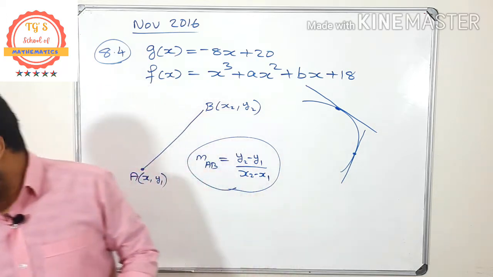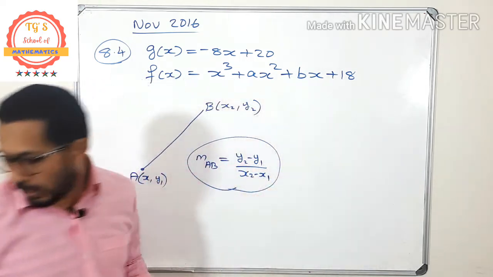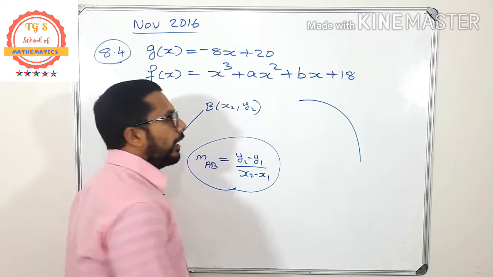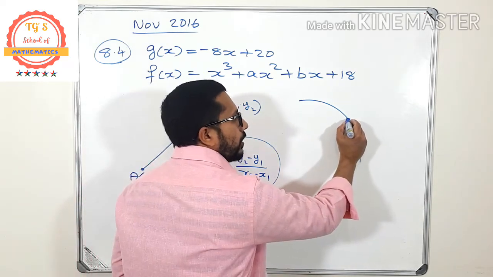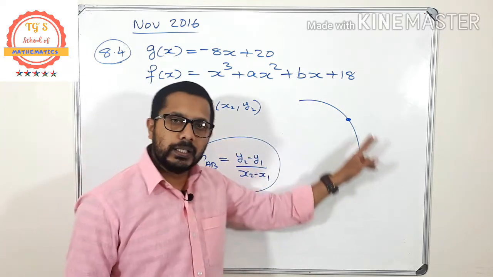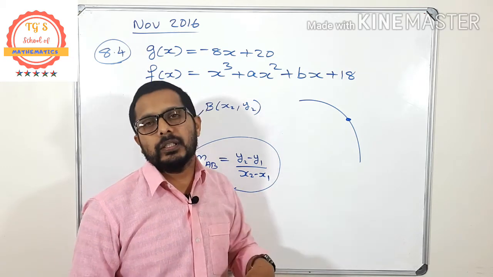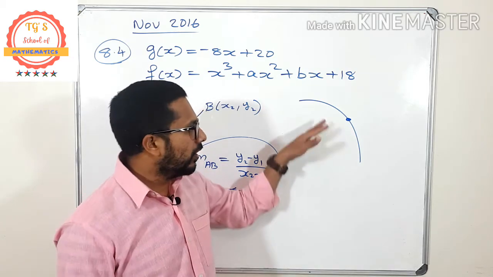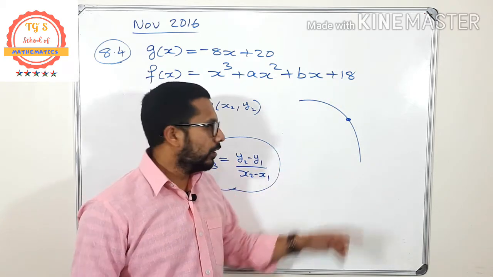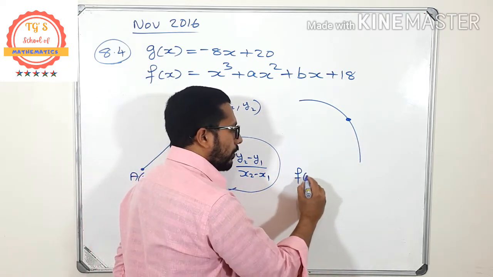So my question is, how can you find the gradient of a curve at a particular point? Since this is a curve, there is an equation for that curve, either a quadratic equation or a cubic equation. Let me say this is a part of a cubic graph.